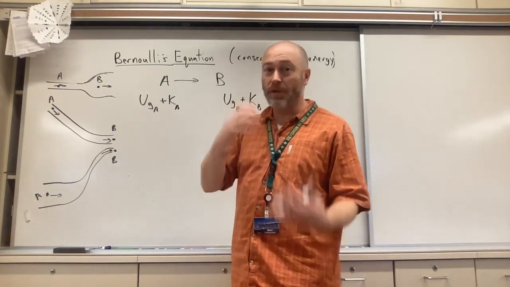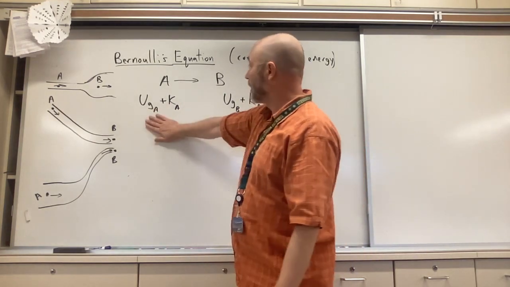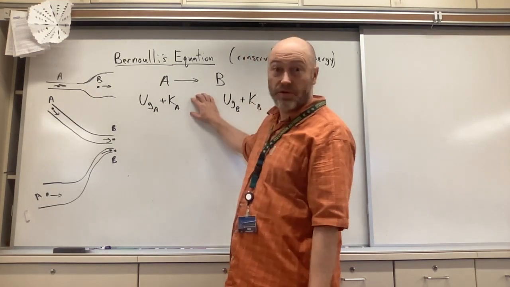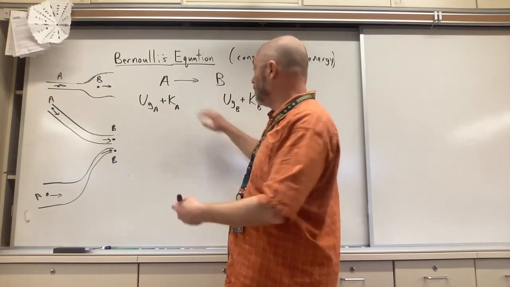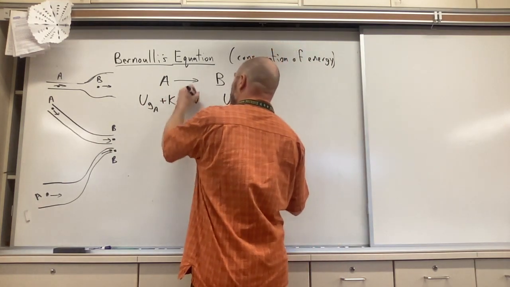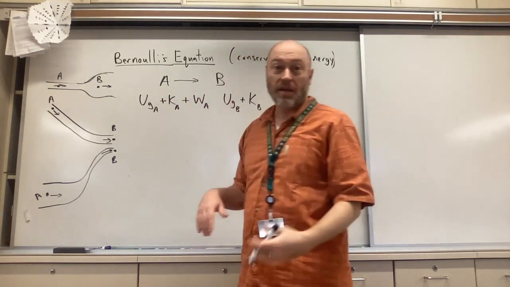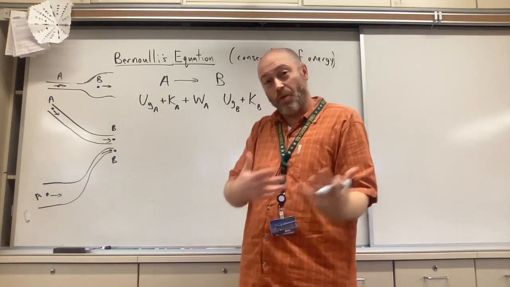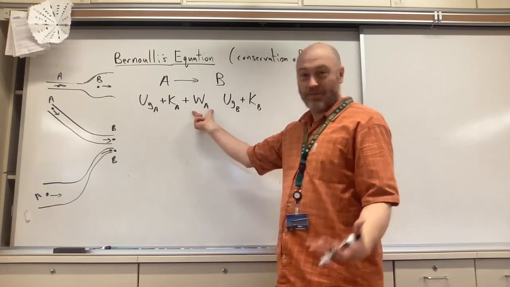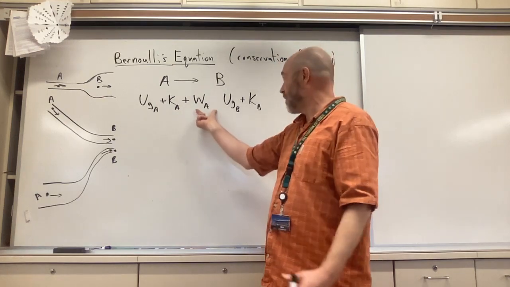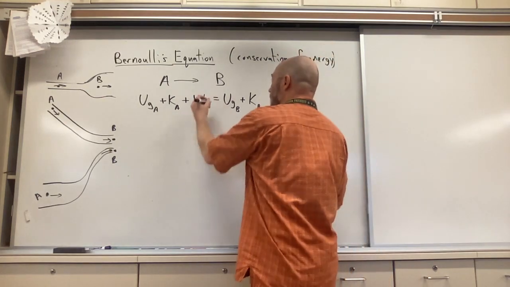Okay? And so normally when we write our equation, we go like this, and then we say, hey, was there any work done in between? And if it added energy, we would say, hey, plus work. If it took energy away, we would say minus work. And then mathematically, it's going to be equivalent to moving it to this side of the equation.